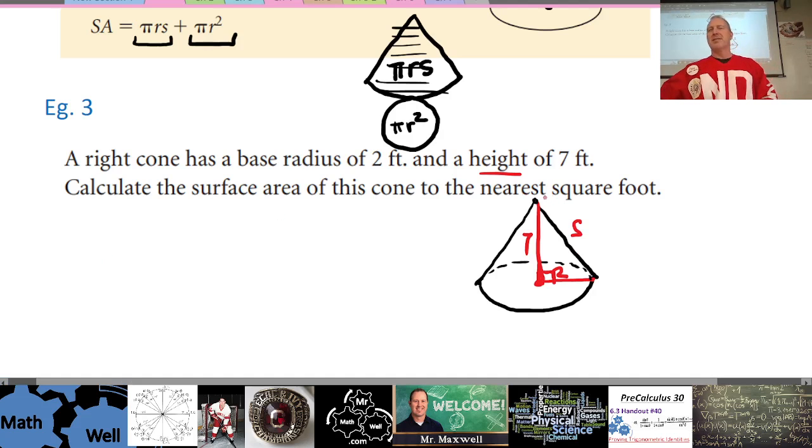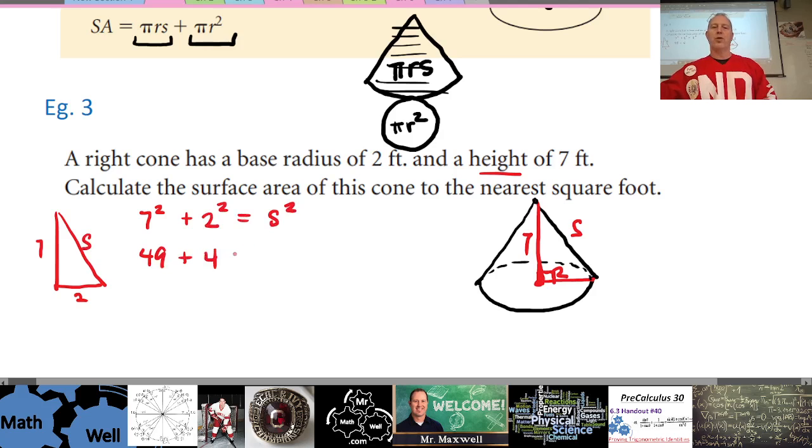But I do need to find the slant height here, and we're going to use Pythagoras again. So this is going to be 7, this is going to be 2, and I'm going to find s. So 7 squared plus 2 squared equals the slant height, s squared. That's going to be 49 plus 4 equals s squared. That's going to be 53 equals s squared.